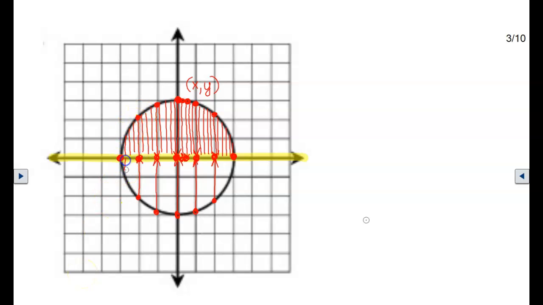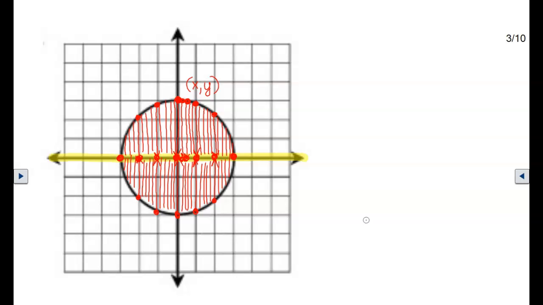And then I could repeat that for the bottom half of my circle. So I want you to notice what I'm doing here. For every single point that's on this circle, I can trace that point back to the x-axis, even the ones that are not nice, pretty whole numbers.